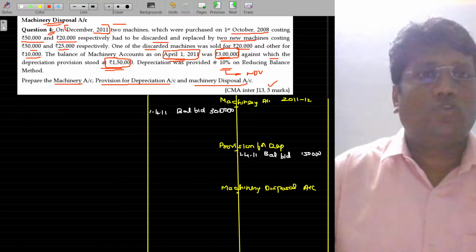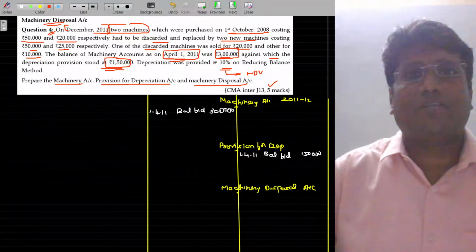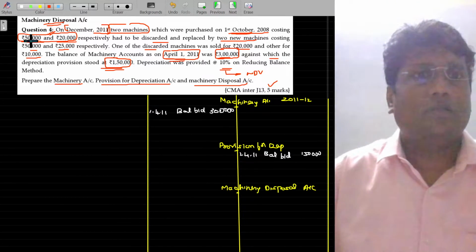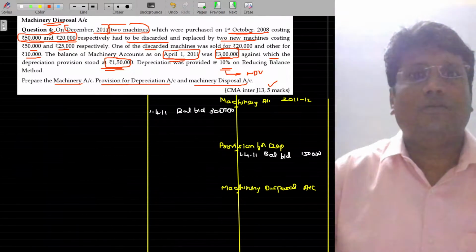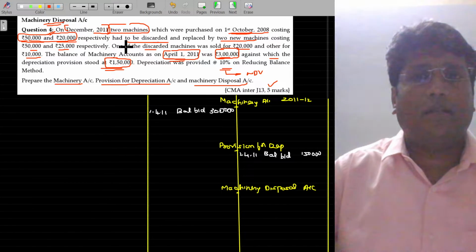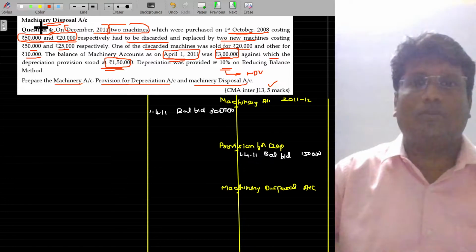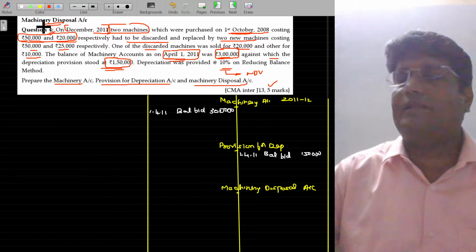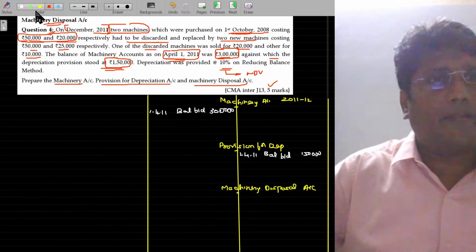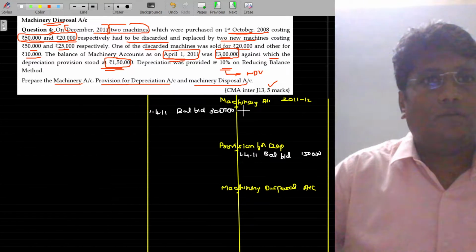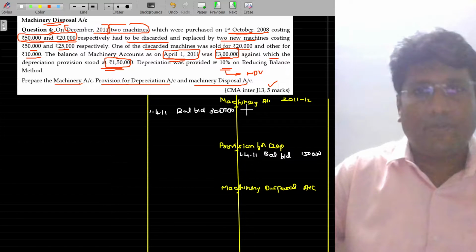Here, 2 machines which were purchased on 1st October costing 50 and 20 respectively had to be discarded. Then automatically the original value of the asset sold will be transferable from the machinery account to machinery disposal account. On which date? December 2011.